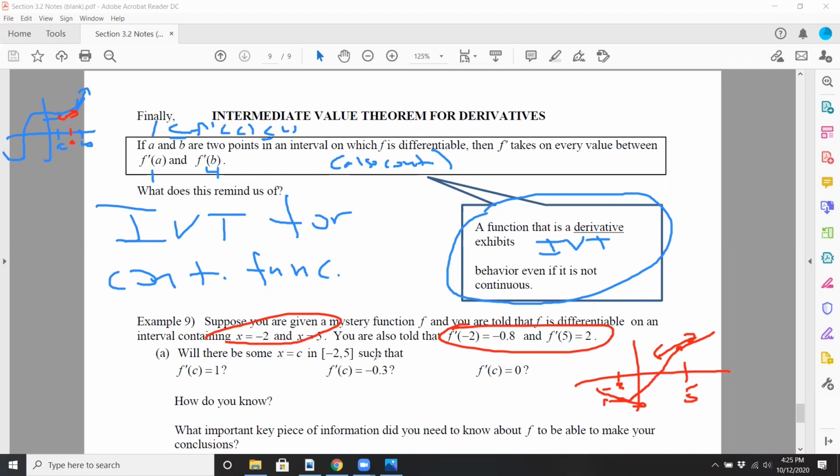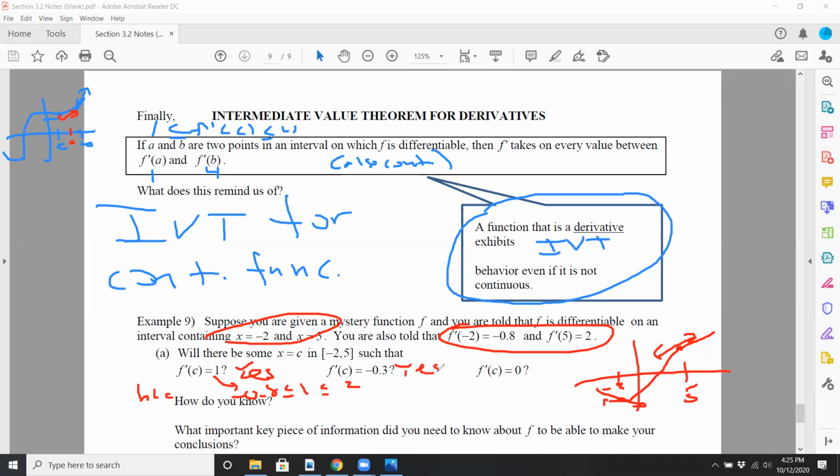So what this tells us is that if you choose an x value that's in between -2 and 5, any derivative between -0.8 and 2 has to be taken on. So for example, can my derivative equal 1? Sure. That's because this number, 1, is between -0.8 and 2. So absolutely you can. Can it equal -0.3?